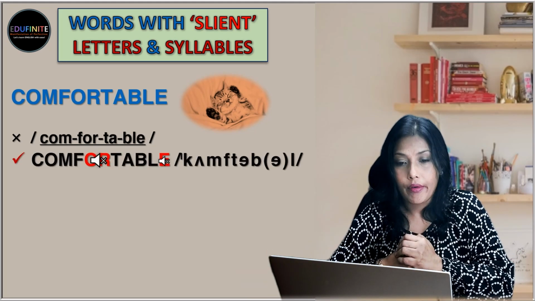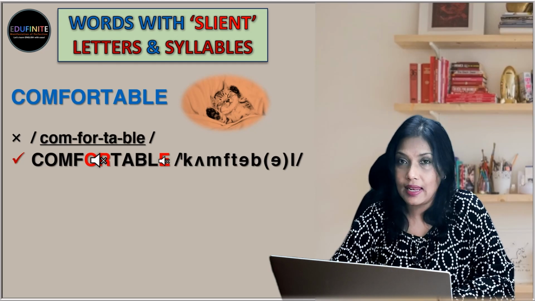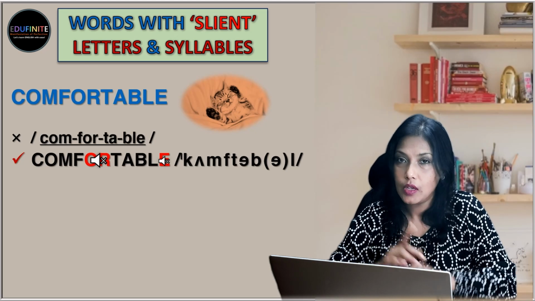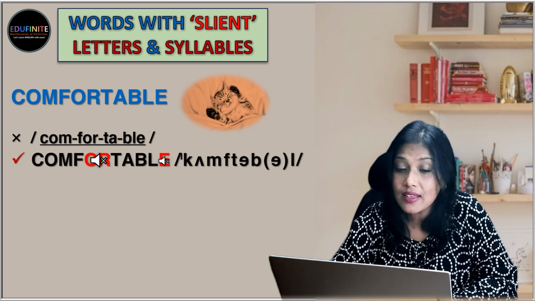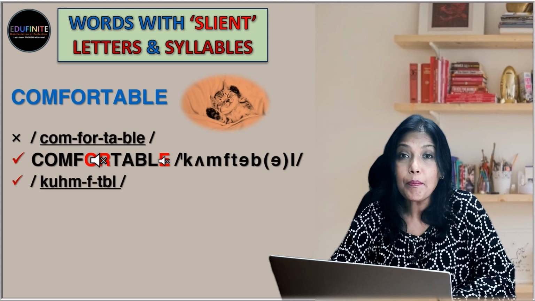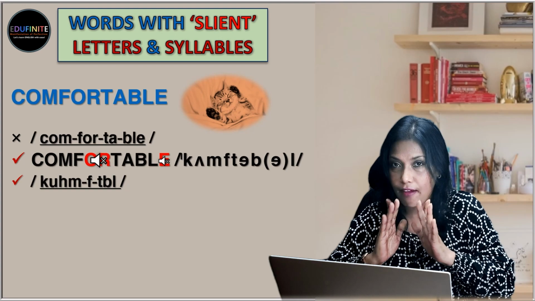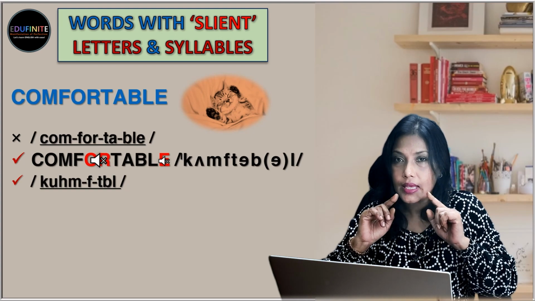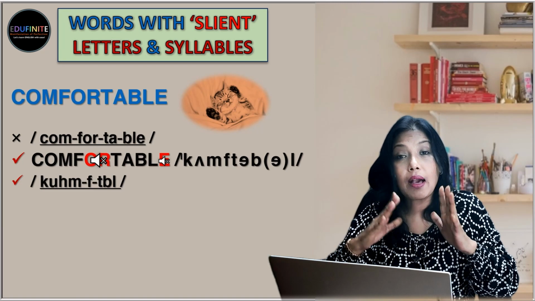The O-R and the E at the end are all the silent letters. You just can't pronounce them. And so what will be its pronunciation like? Well, it's comfortable. It's just the F, no O-R. The E is not there. So it's comfortable.